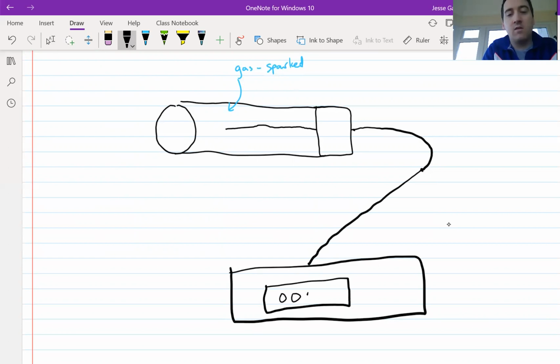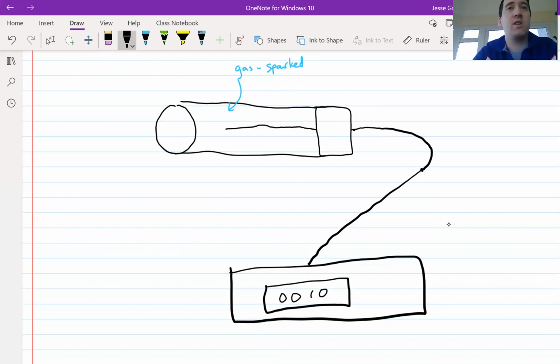At the moment, it would read 0, or a very low number, maybe 10. There's no radioactive source nearby, and it's not 0. It's still going to read something, and we'll see why in a couple of minutes. There's no radioactive source nearby yet, so nothing's going to happen.